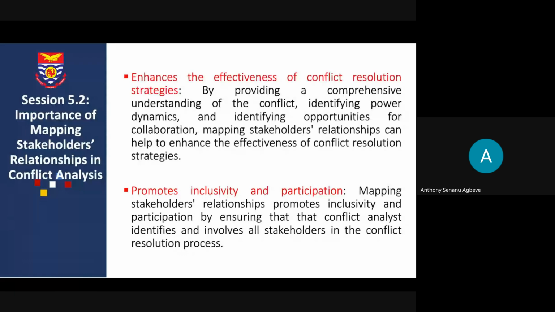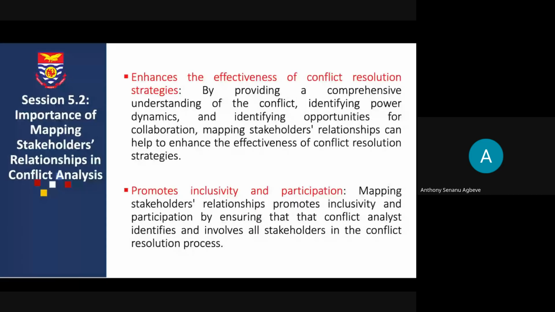If the trade unions want the government to do what they are demanding, then they will have to go to the table, sit down, and negotiate, so that the issue can be resolved properly, right? So it enhances the effectiveness when it comes to conflict resolution.